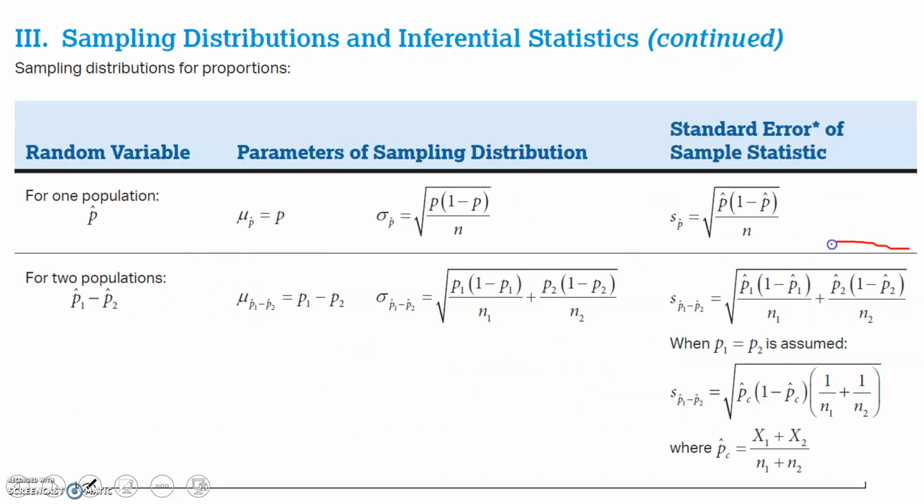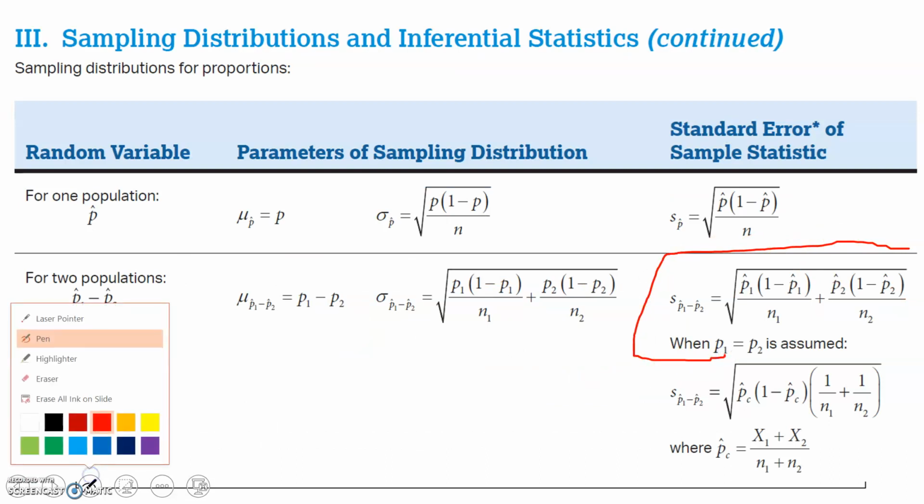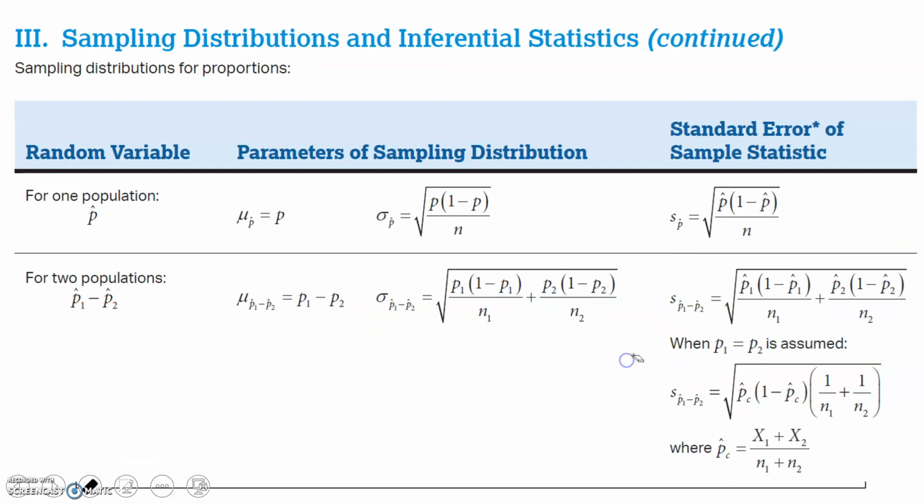And if you look at the formula sheet, this is what we use. The top formula is what we use for the confidence interval. This is the standard error for the confidence interval. Notice you do not use a pooled p-hat. You use a p-hat sub 1 and a p-hat sub 2, although you do use n sub 1 and n sub 2.